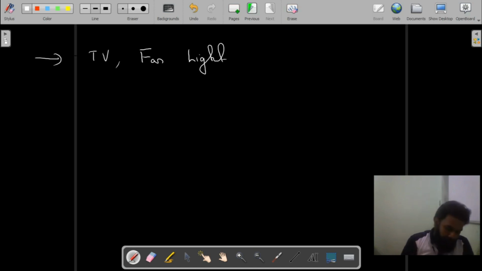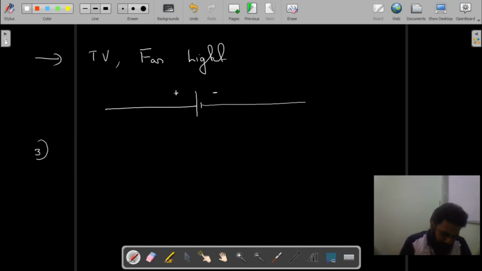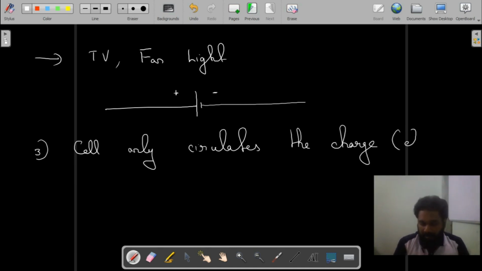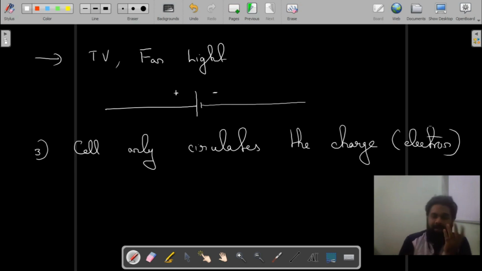Now how is a cell represented? A cell is represented like this. One is the positive terminal, another is the negative terminal. So what does this cell do? Cell only circulates the charge, nothing but electrons. A cell doesn't create any charge.